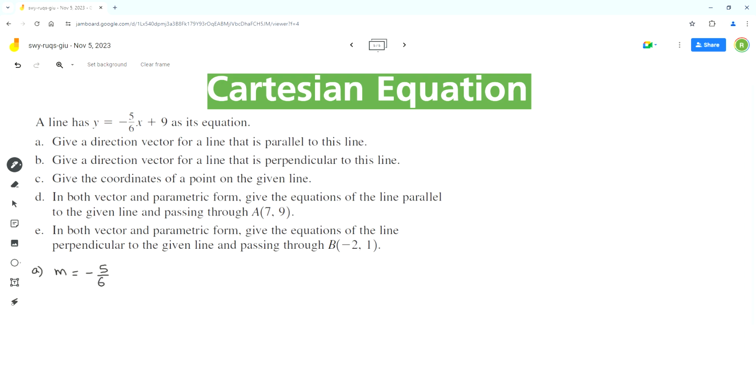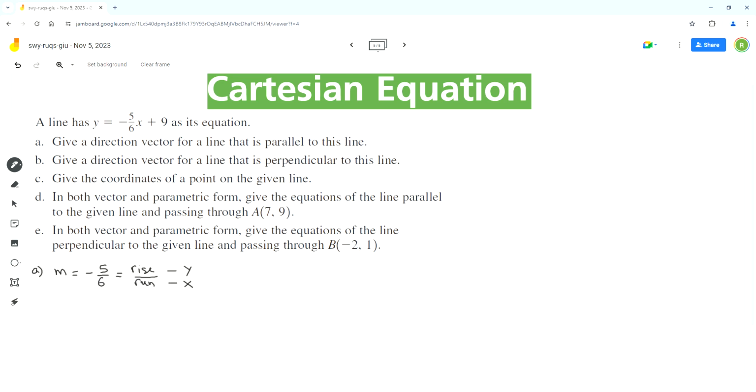We know that parallel lines have the same slope. The formula for slope is rise over run, and we know that rise is along the y-axis and run is along the x-axis.